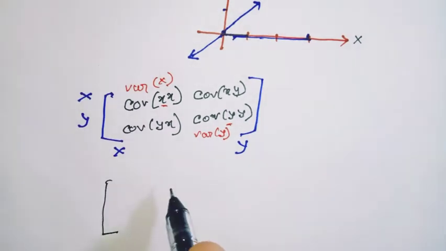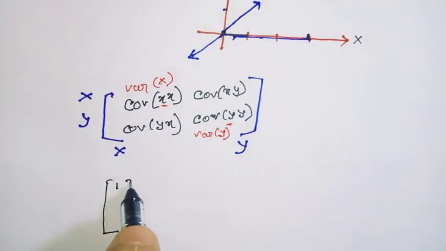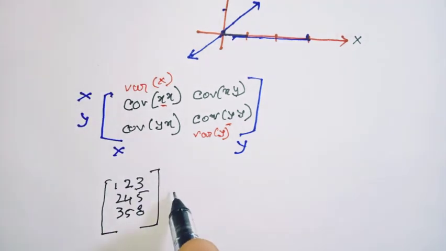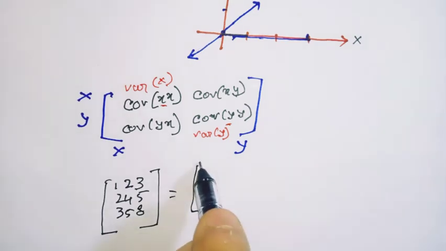So if I take values like 1, 2, 3, and if I take 2, 4, and 5, and if I take 3, 5, and 8, and I can use the transpose, which will be something like 1, 2, 3.